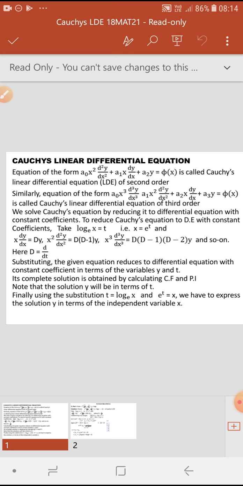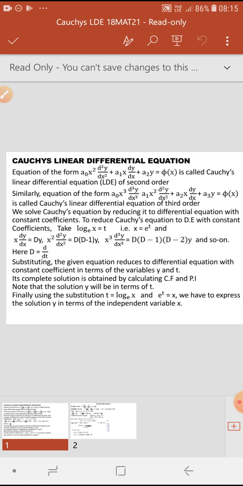Once you get the differential equation with constant coefficients in y and t, as discussed earlier, find the complementary function yc and the particular integral yp. Then the complete solution will be y equal to yc plus yp. When you substitute for yc and yp, you get y in terms of t, but the final answer should be kept in terms of y and x.